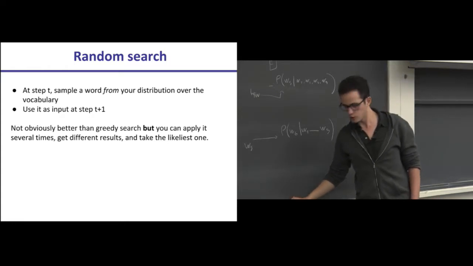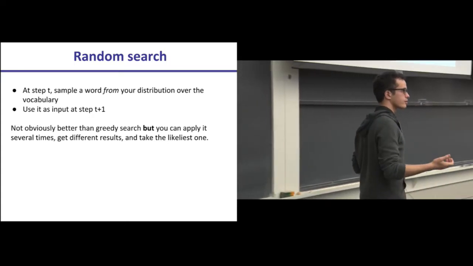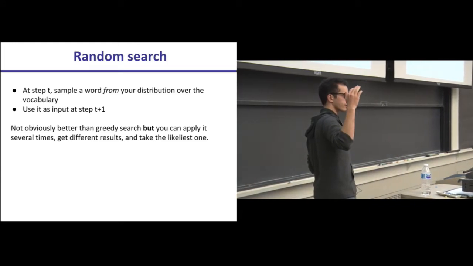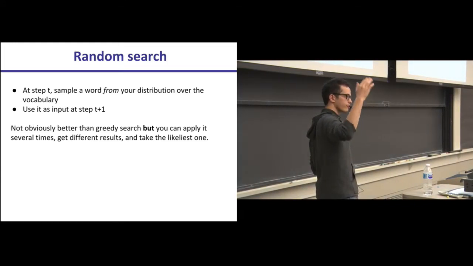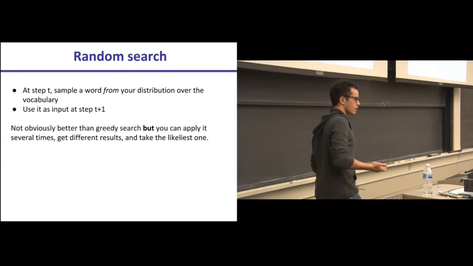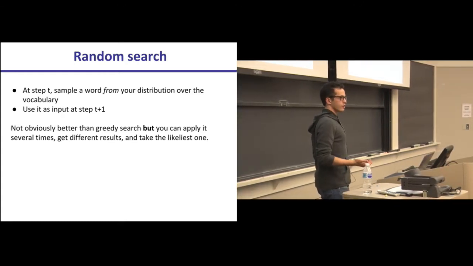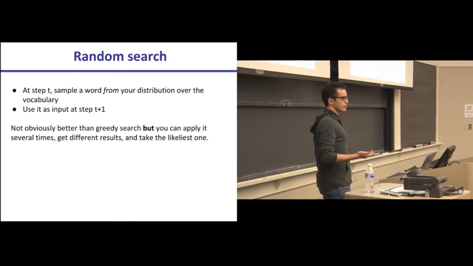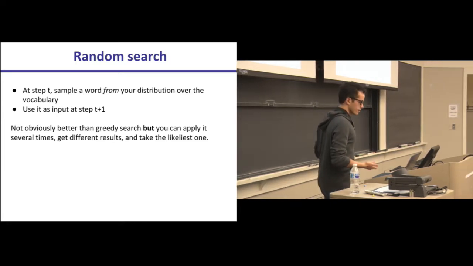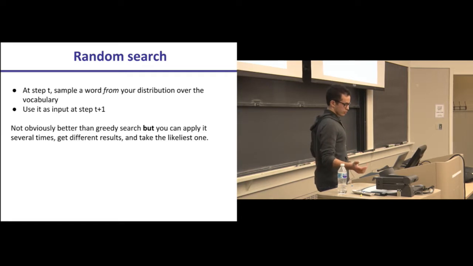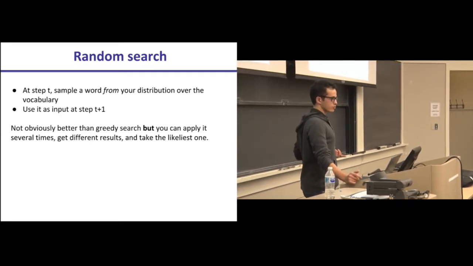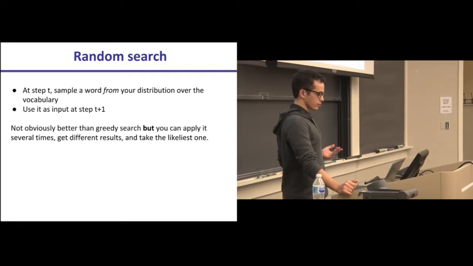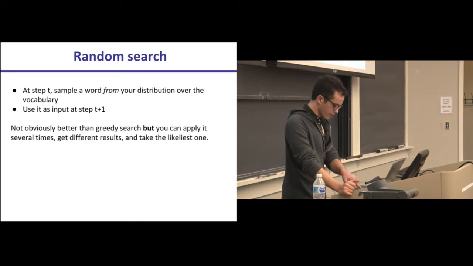So that's pretty good, because if you do that 100 times, you select 100 sequences from the distribution over sequences, and hopefully you're going to select all of the likely ones, so you can know which one is the most likely. So that's kind of the idea behind random search, which is fairly easy to do as well. So it's a thing I recommend.